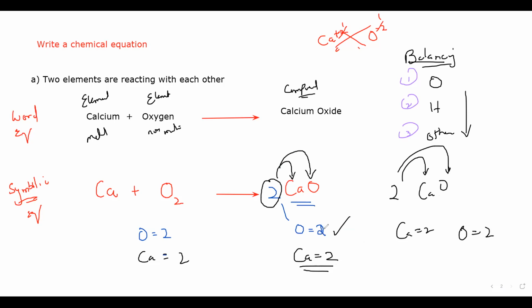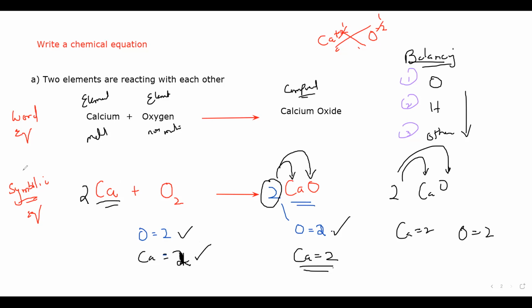On the left hand side, we have 2 oxygen, but we have only 1 calcium. So we want to make 2 calcium. How can we make 2 calcium? If I put 2, that makes a total of 2 calcium on the left hand side. So this equation is balanced in terms of calcium and in terms of oxygen.